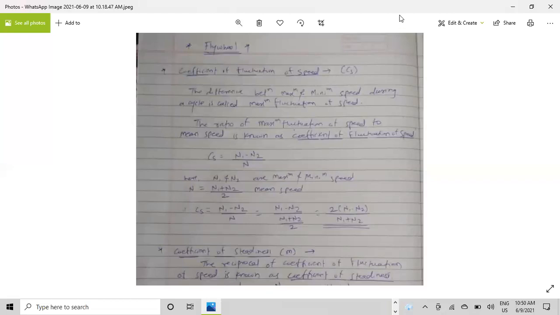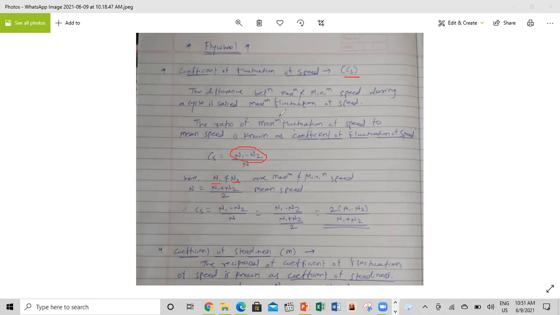CS. The definition of the coefficient of fluctuation of speed: the difference between the maximum and minimum speed during a cycle is called the maximum fluctuation. So here the maximum speed is n1 and the minimum speed is n2. The difference between maximum and minimum speed is nothing but n1 minus n2.